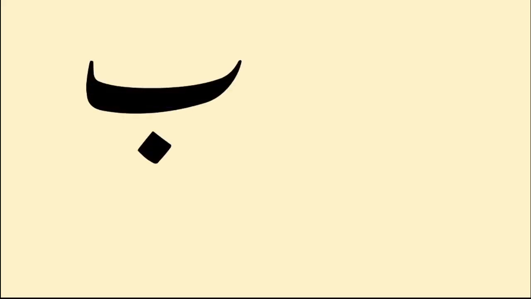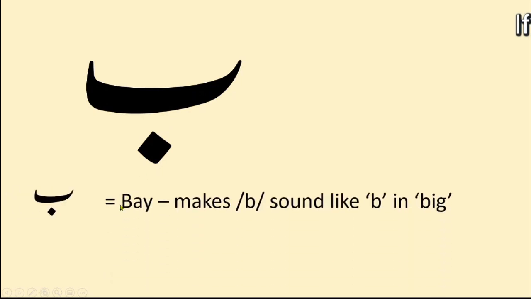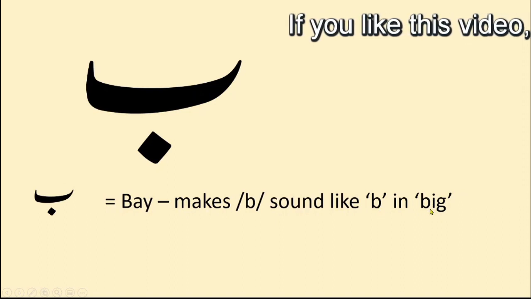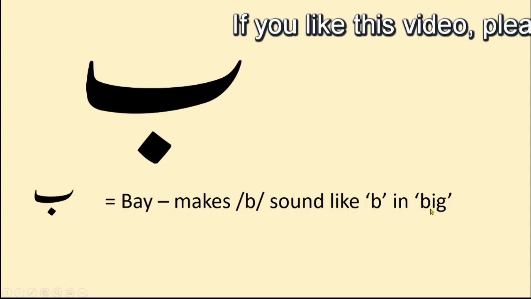Okay, look at this. This is that letter Be we just saw. Right? We put a little dot underneath it. Now, it's called Be and it makes the B sound, which is exactly like the letter B gives you in the English word big.